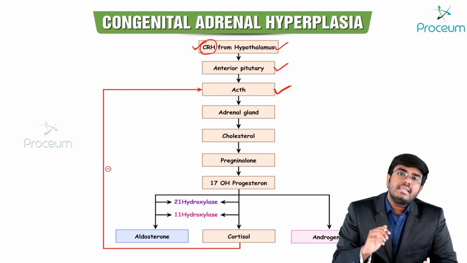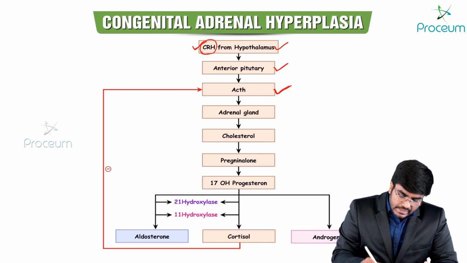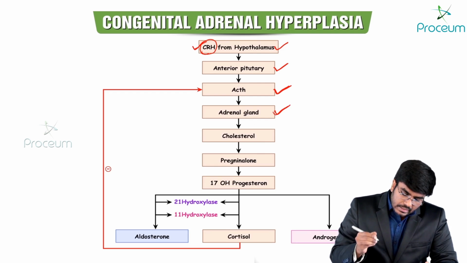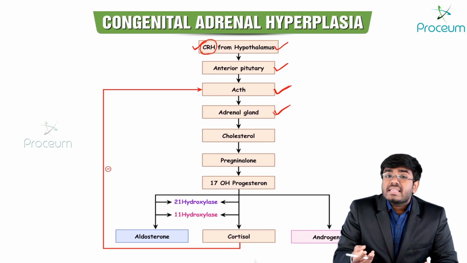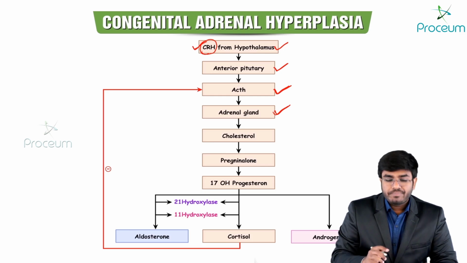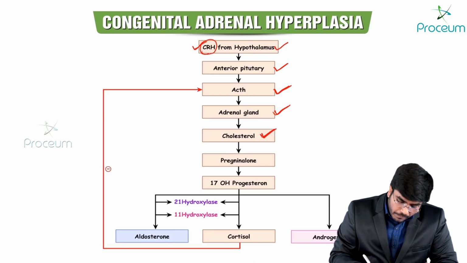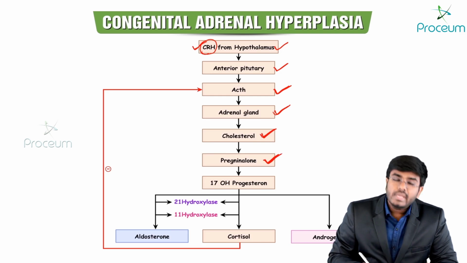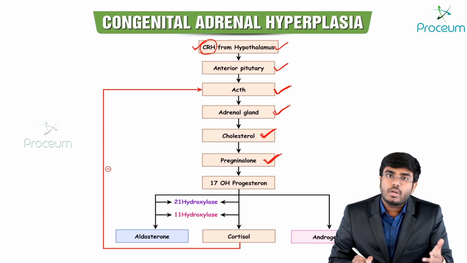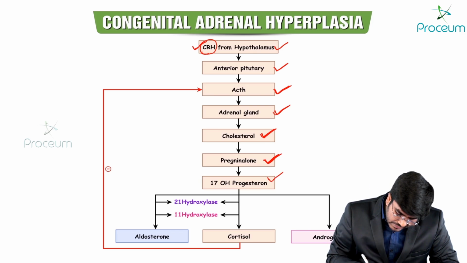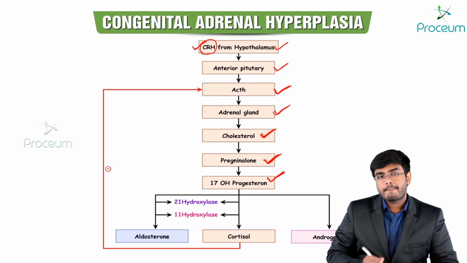Now what is this ACTH doing? This ACTH acts on the adrenal gland, and whenever the adrenal gland is acted upon by ACTH, the cholesterol in the adrenal gland is converted into pregnenolone. This pregnenolone is converted into 17-hydroxyprogesterone.